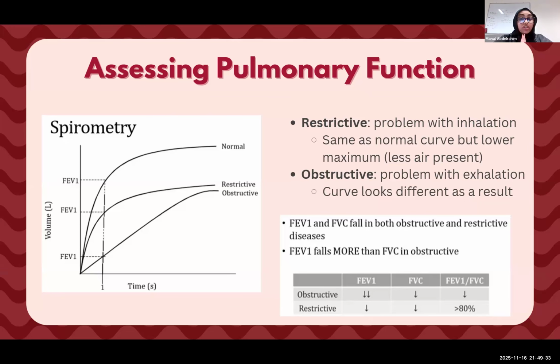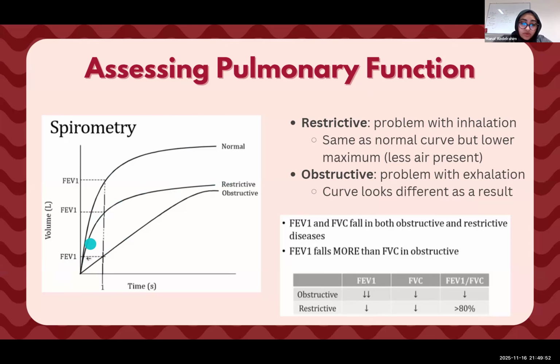So restrictive, if the problem is with inhalation, not exhalation, the curve looks normal, because this curve is assessing exhalation. The curve looks normal, but it's just lower, because the patient to begin with hasn't been able to inspire the amount of air that normal patients do. It's a normal looking curve, but just lower.